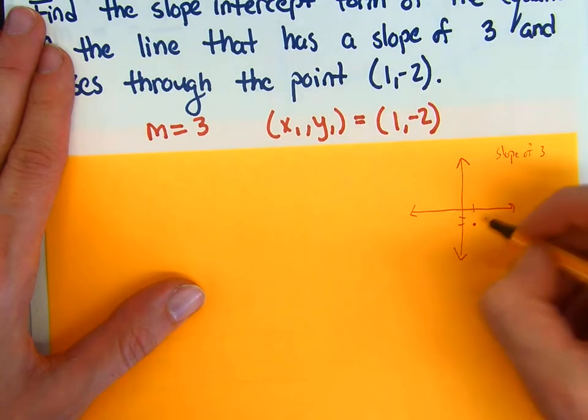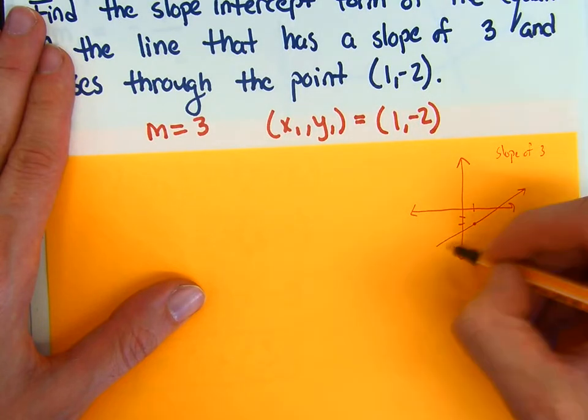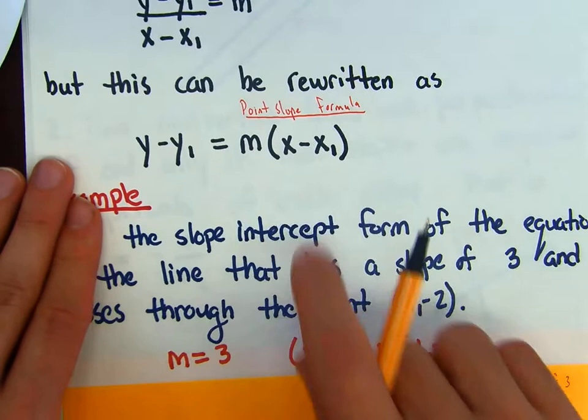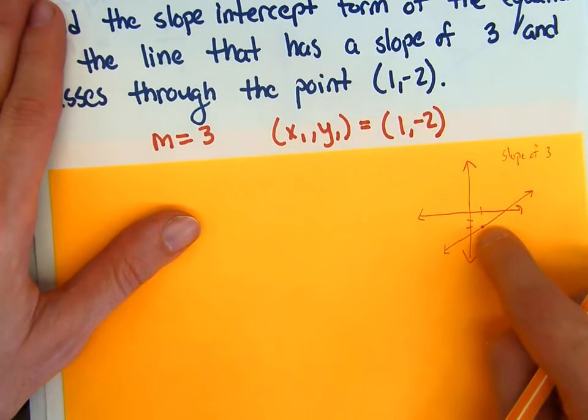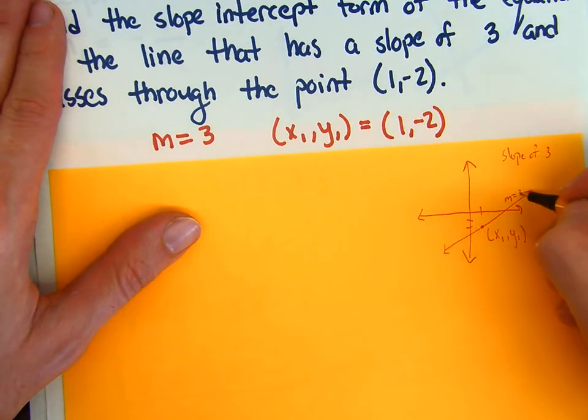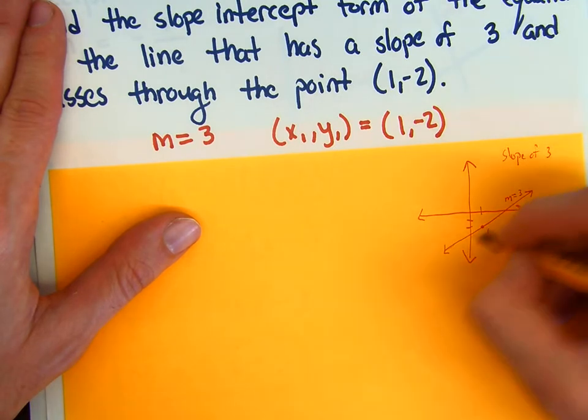It's some positive slope that looks like this. So if you have a point, which is some x sub 1, y sub 1, and this line has a slope of 3, we want to find the equation of this line.